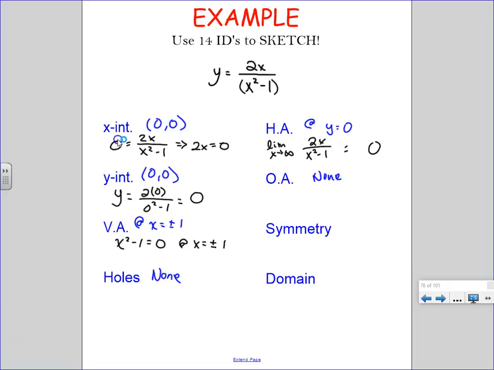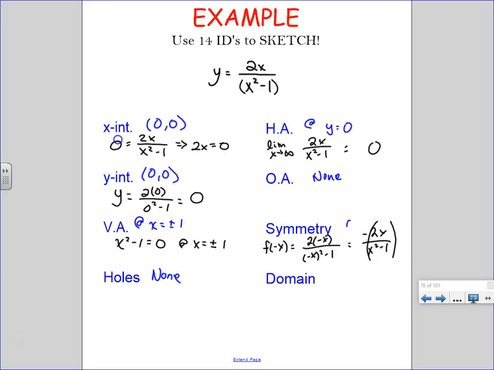Symmetry. Let's see what happens when we plug in a negative x. That'll be 2 times negative x all over negative x squared minus 1. Isn't that negative 2x over x squared minus 1? Isn't that the negative of what we had to begin with? Which symmetry flips the sign of everybody?